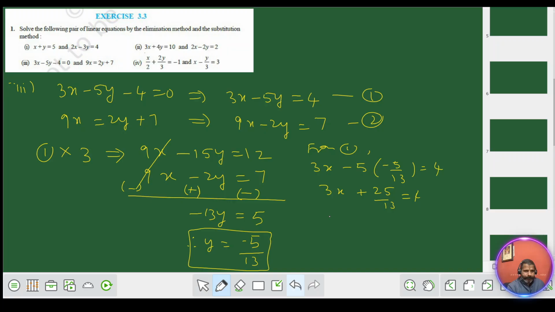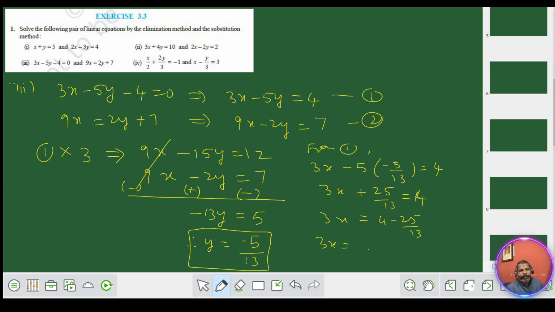Then transfer 25 by 13 to the right hand side. 3x is equal to 4 minus 25 by 13.